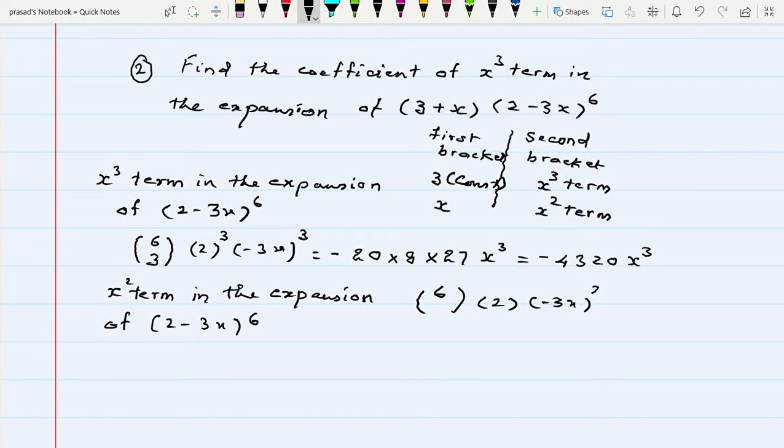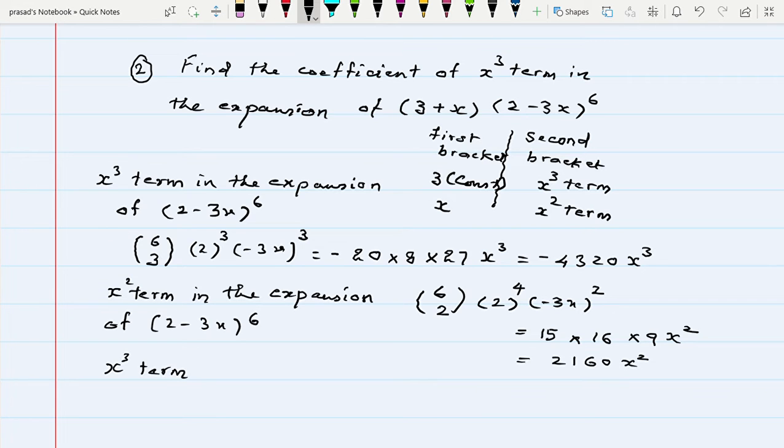So (minus 3x) to power 2, remaining power 6 minus 2, that is 4, will be on 2, and this will be 6C2. Now negative square is positive, so this term will be positive. 6C2 is 15, 2 to power 4 is 16, 3 square is 9, x square, and that gives you 2160 x square.